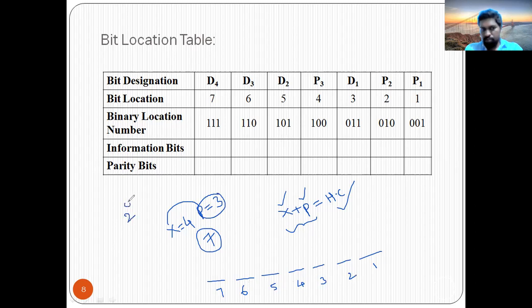So 2 power 0 is the first parity bit, 2 power 1 the second parity bit, 2 square the third parity bit, over, 3 parity bits. What is the value of 2 power 0? 1. 2 power 1? 2. 2 power 2? 4. So in the first position, second position, and fourth position, you will have parity bits.